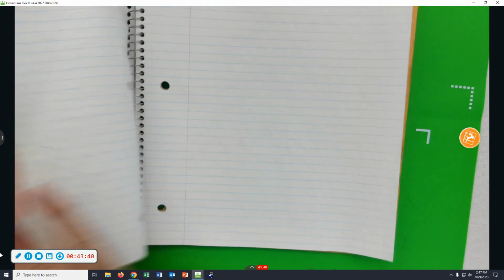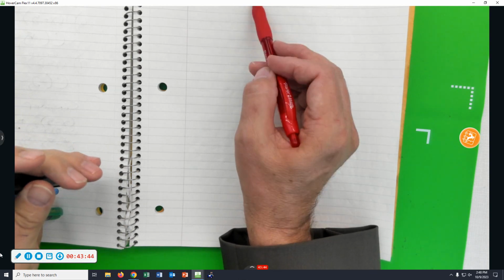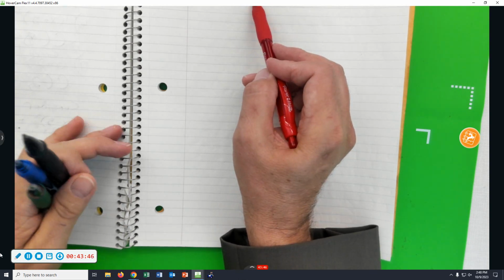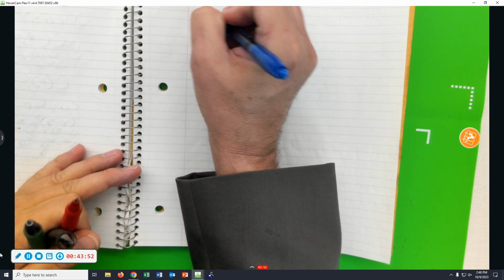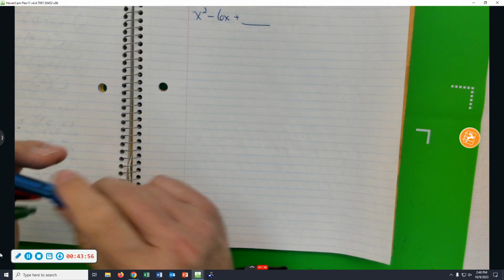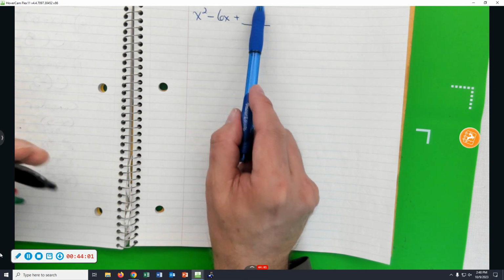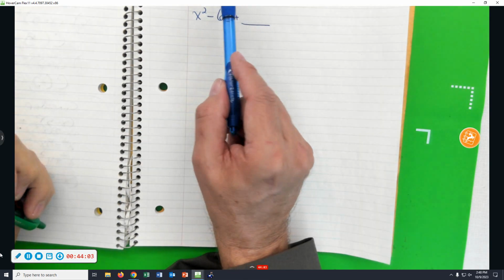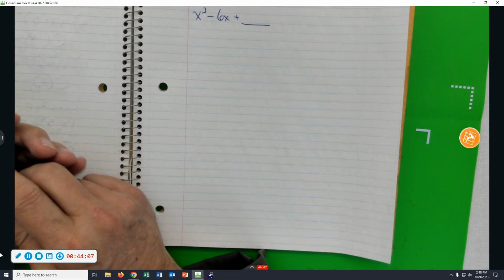So really, your goal is to figure out what number you're going to be writing in there to create a perfect square. So how about this one? X squared minus 6x plus what number? There's a pattern. There are two things we do to 10 to get to 25. There's two things you do to 14 to get to 49.